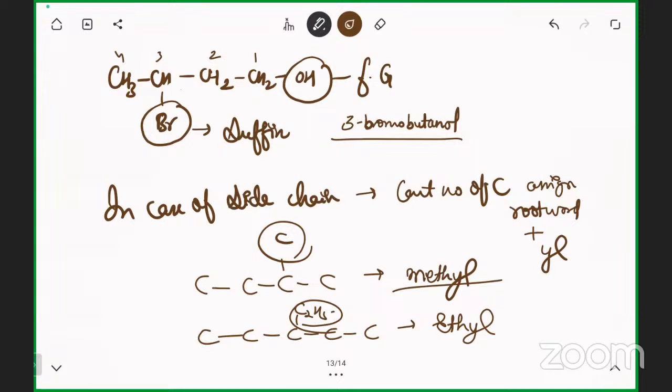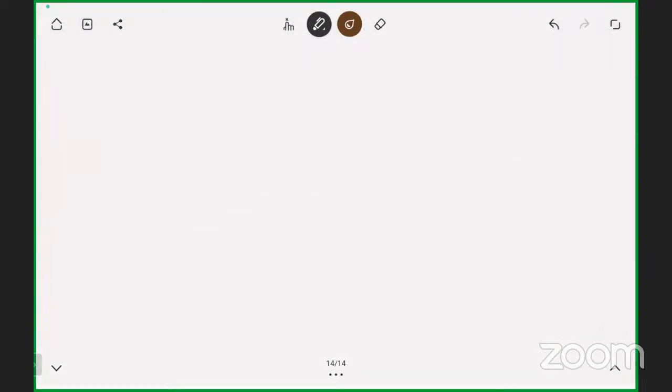Clear? So let's discuss some rules. Rules for the nomenclature, then we'll go for the examples. The first nomenclature rule is select the longest chain.